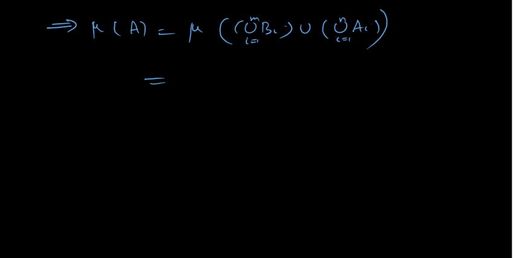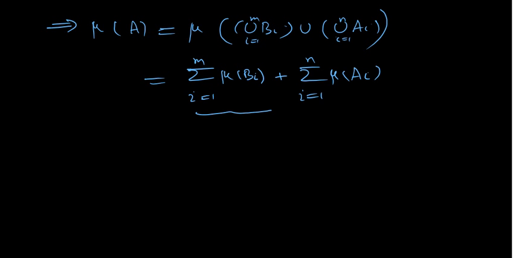Now this is a series of disjoint sets. This is equal to the summation i runs from 1 to m of mu of Bi plus the summation, we will write this separately, i runs from 1 to n of mu of Ai.